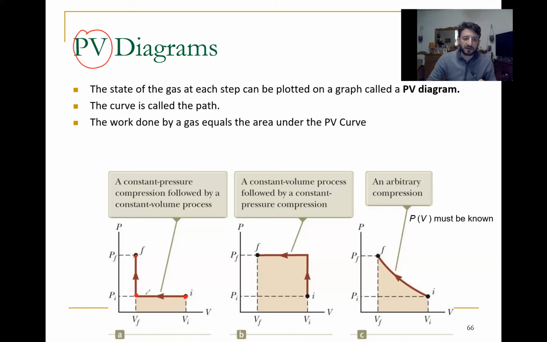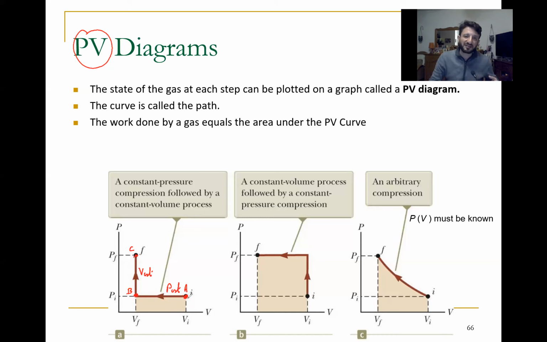So here we have P constant and here we have V constant. Let's say here we have the point A, here the point B and here the point C. So PA equals PB, but VA is not equal to VB.